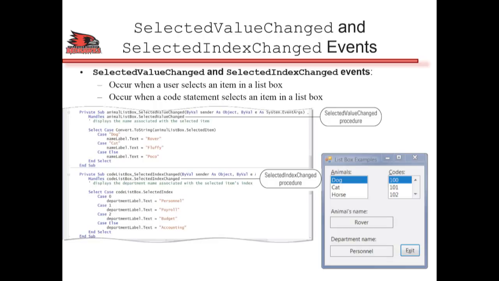Initially it was some other item, now the user changed it. When the program senses that, it runs the lines of code within the event procedure.